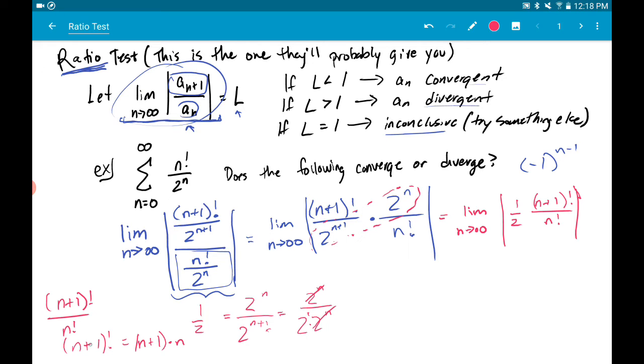But you could also write n plus 1 factorial as n plus 1 times n factorial, especially since you don't know what n is, and n could go on forever. n plus 1 times n times n minus 1 times n minus 2.